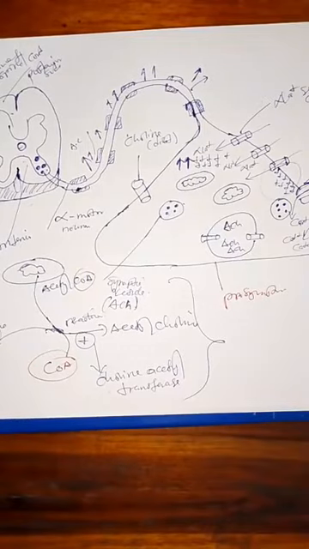From there it causes depolarization, and depolarization meaning more inside the cell, they will become more positive. Okay, until we reach the peak, and the peak is somewhere positive 30 millivolts there.